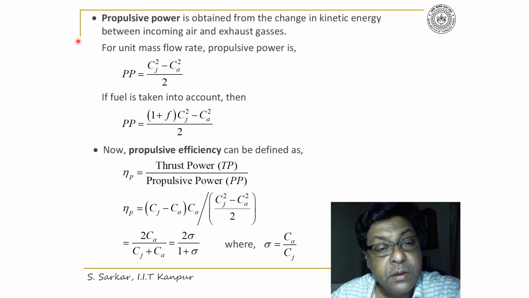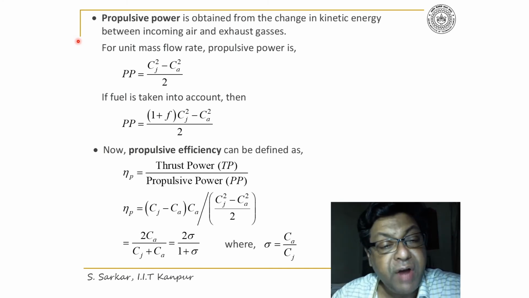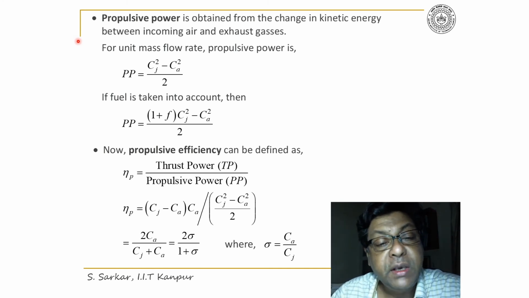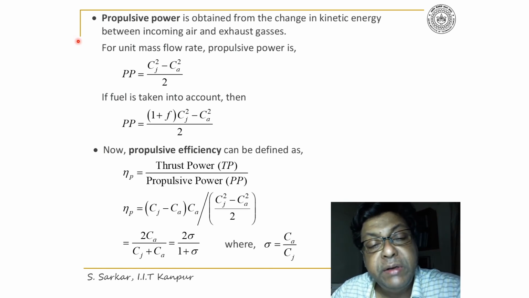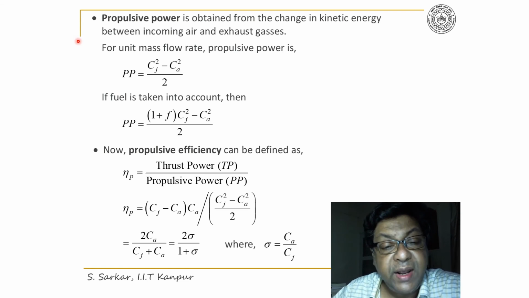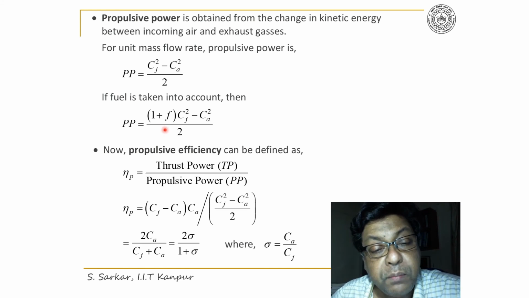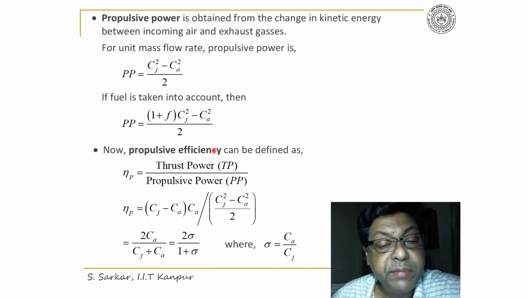Thus, for unit mass flow rate, the propulsive power is defined as Pp equal to (Cj squared minus Ca squared) divided by 2. Now, if the fuel-air ratio is taken into account, then Pp is equal to (1 plus f) into (Cj squared minus Ca squared) divided by 2.